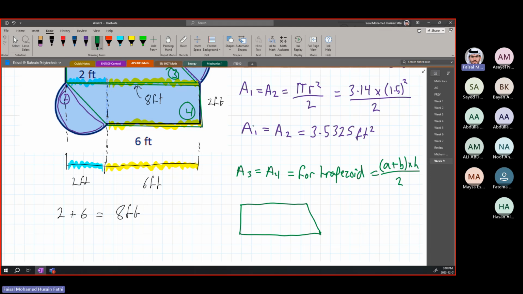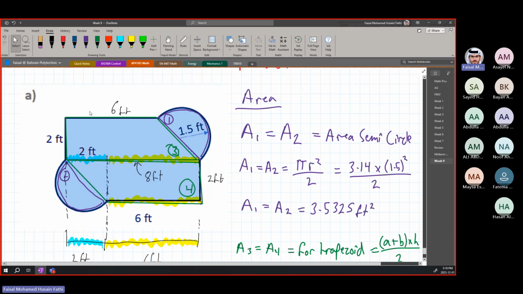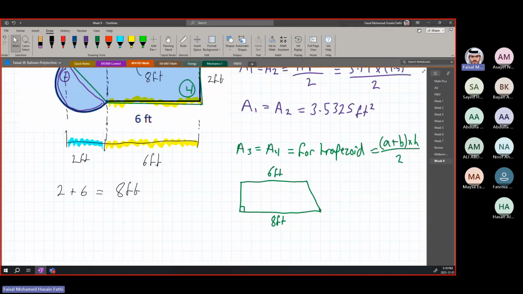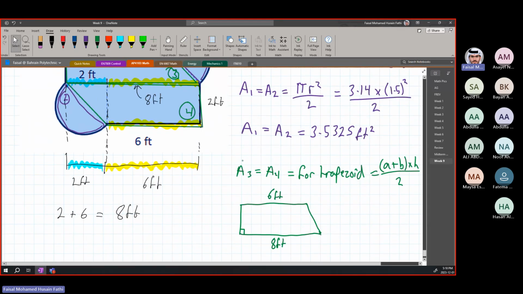If we go back to our solving, we know that this is 6 feet, and we know that this is 8 feet. We're looking at the top shape, so this is 6 feet, and this bottom part is now 8 feet. And we need the perpendicular height. The perpendicular height is here. This is the perpendicular height, which is given to us as 2 feet. And that's it.